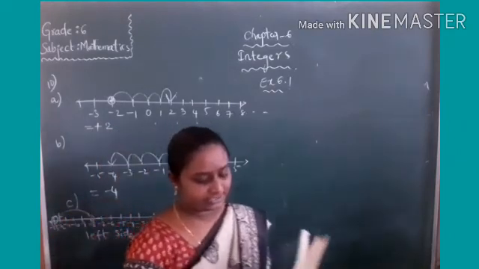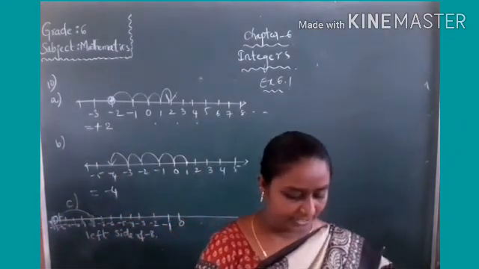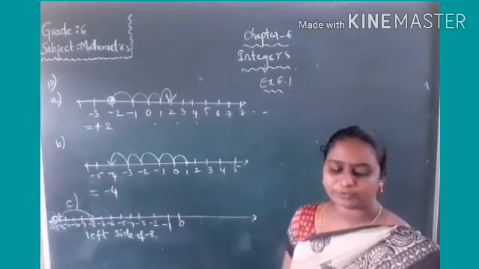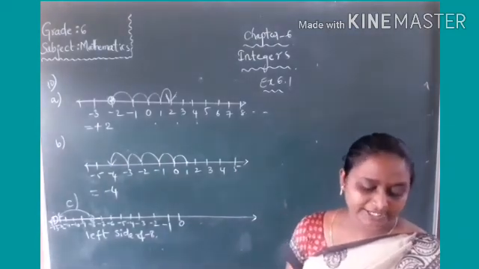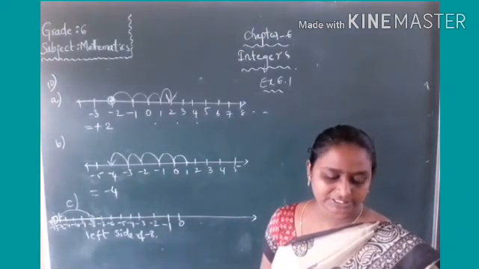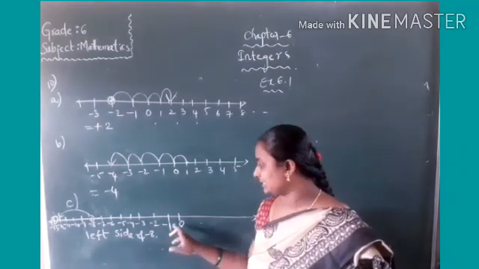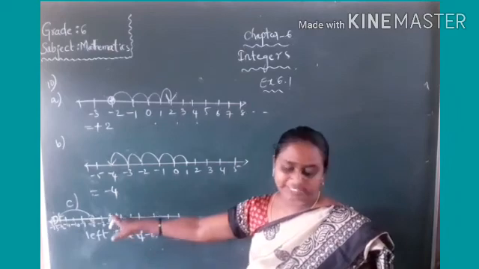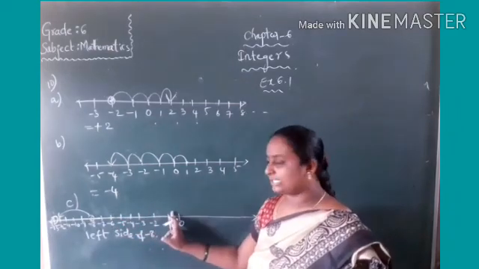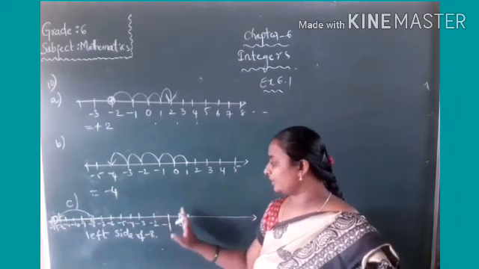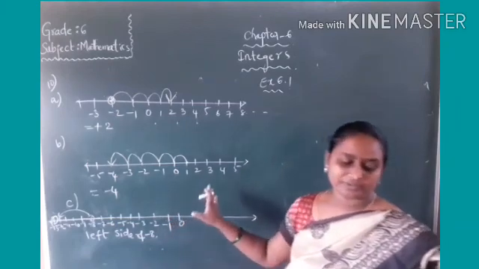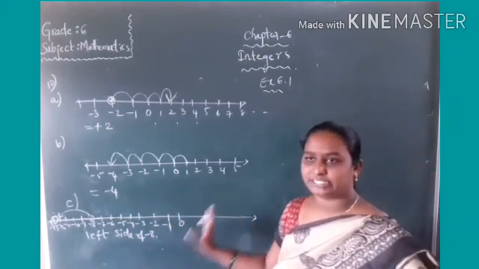Okay, children, you have the D problem also. You have to do it yourself. If we are at minus 6 on the number line, in which direction should we move to reach minus 1? In which direction will you reach minus 1? Obviously the right side. We have to draw that one.